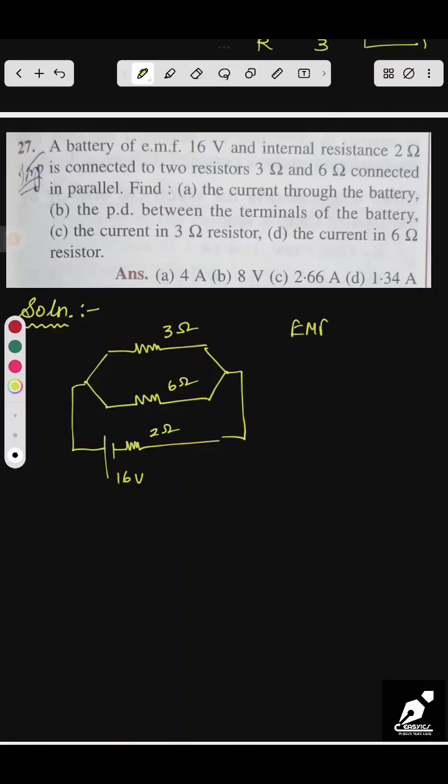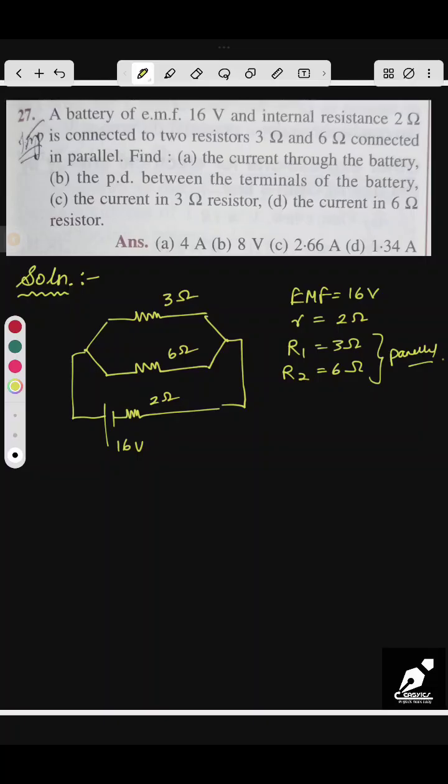EMF is 16 volt, internal resistance, written smaller, is 2 ohm, and one resistance is 3 ohm, the other resistance is 6 ohm, and they are in parallel. Okay, find the current through the battery. You need to find the current that is coming out of the battery.